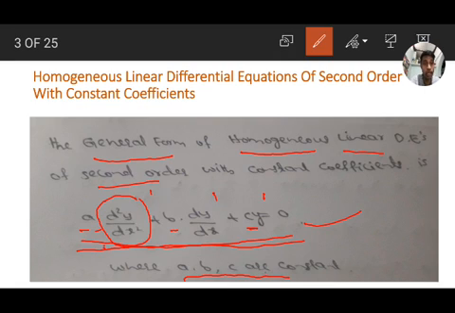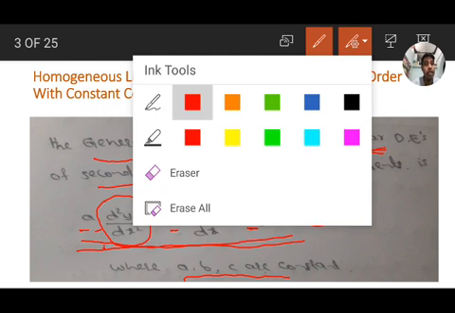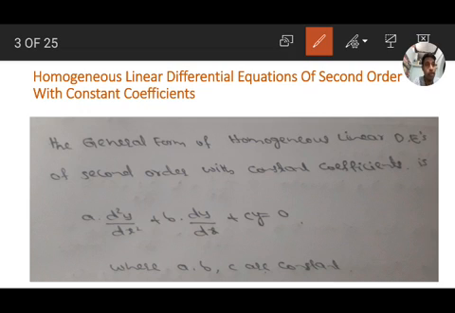All the powers, d square y by dx square power 1, dy by dx power 1, y power also 1, are equal to 1, therefore it is linear. So the homogeneous linear differential equation of second order with constant coefficients is of the form a d square y by dx square plus b dy by dx plus cy equal to 0, where a, b, c are constants. Next, it is the general form.